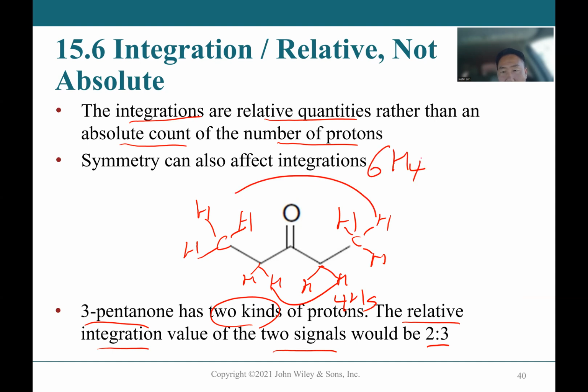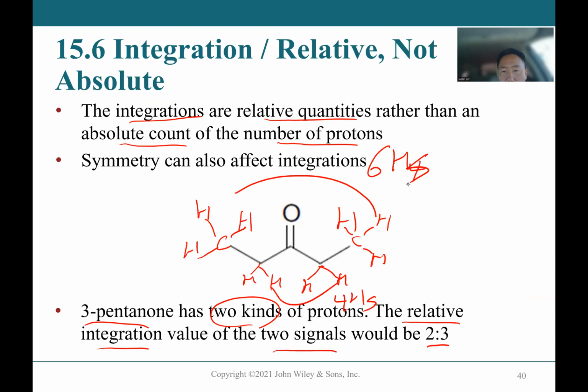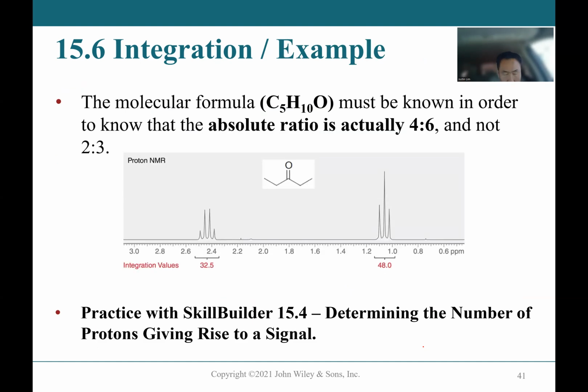So you can get 2 to 3 ratio. The molecular formula C5H10O must be known in order to know the absolute ratio, actually 4 to 6. 4 hydrogens here, 6 hydrogens, 4 to 6.